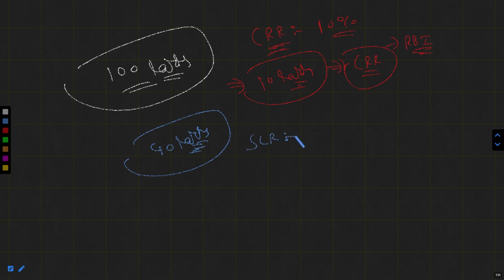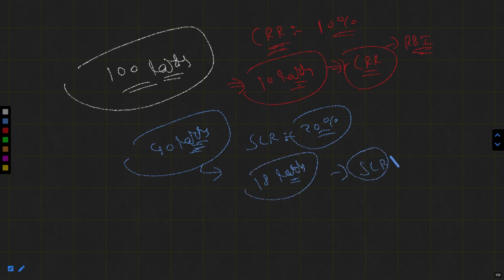Thereafter comes the SLR. So suppose the SLR is 20%. It means that 18 lakhs should be kept as SLR with the bank itself.